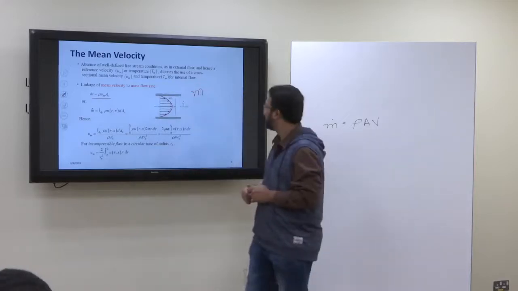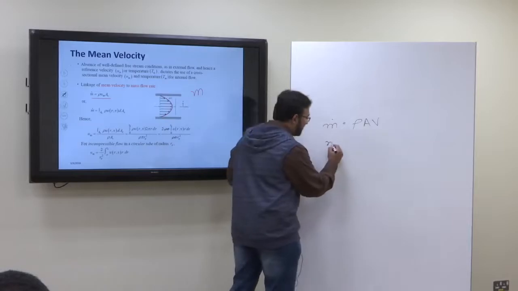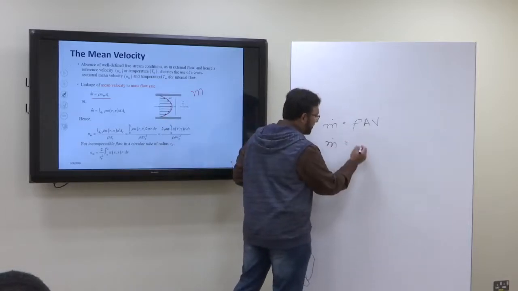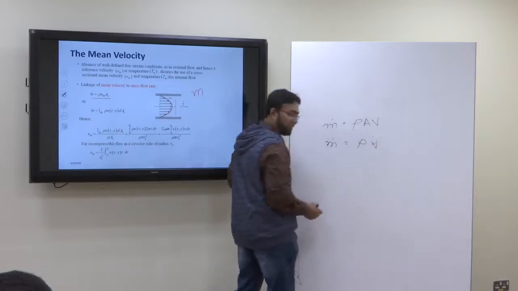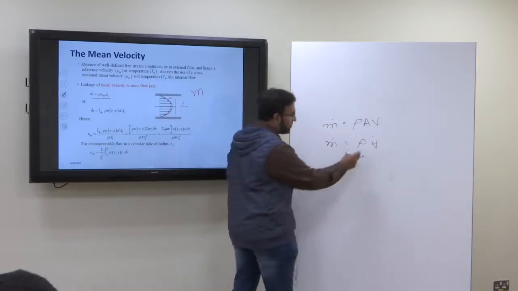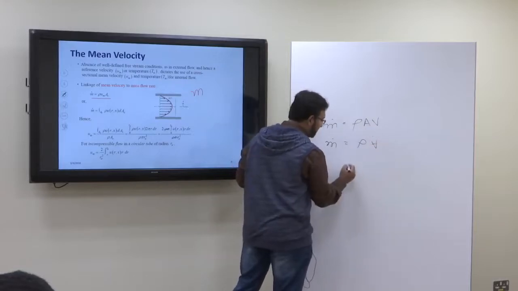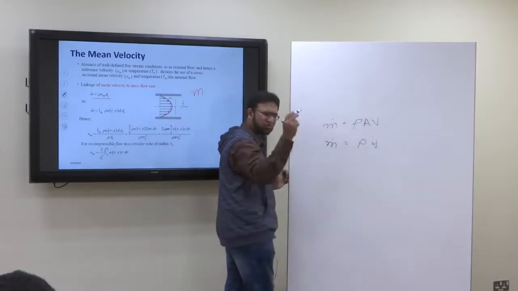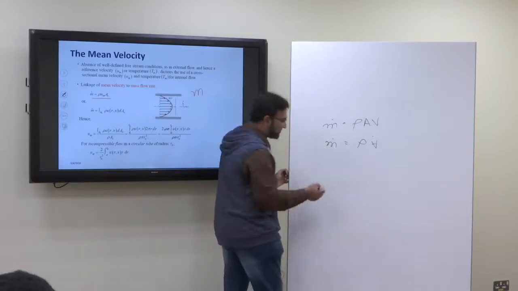Okay. So it was M dot is equal to rho V dot, or volume flow rate. And volume flow rate is basically AV. I think we put volume flow rate as Q there; I don't remember what symbol we used.